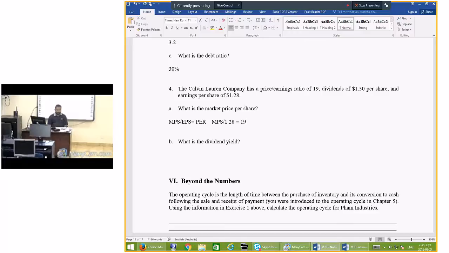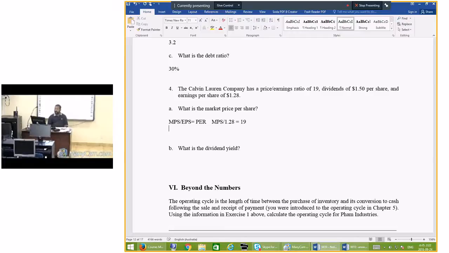Then what is the price? Price should be 19 multiplied by 1.28, that is closely 24.